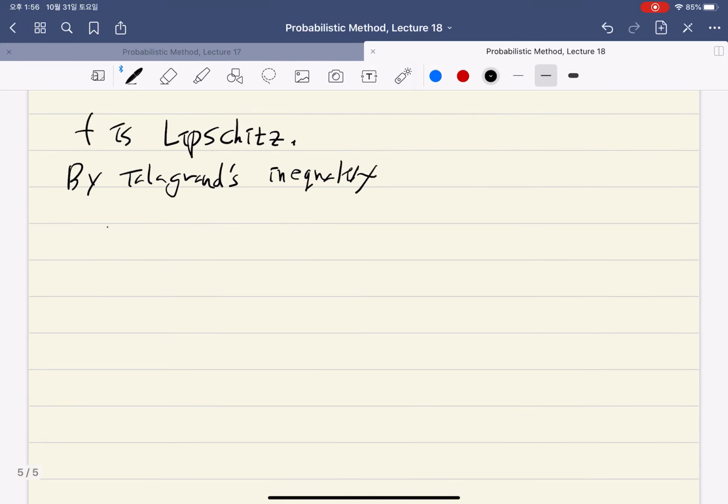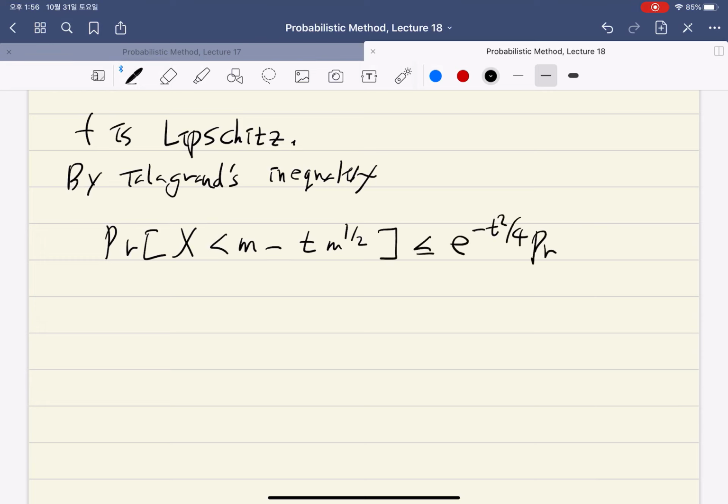What we have is that if we let M be our B in the Taylor-Lagrange inequality, we have this. And the probability that X is bigger than or equal to the median is at least half.